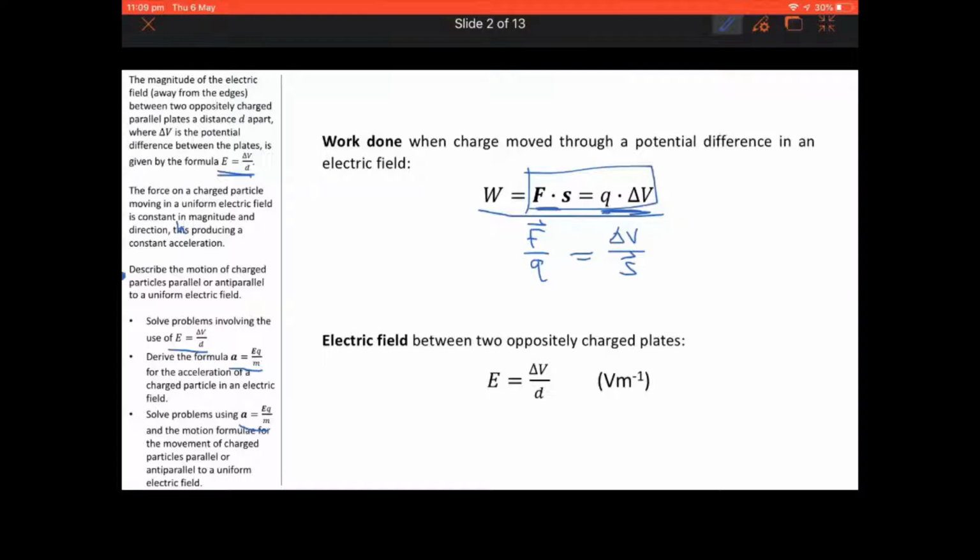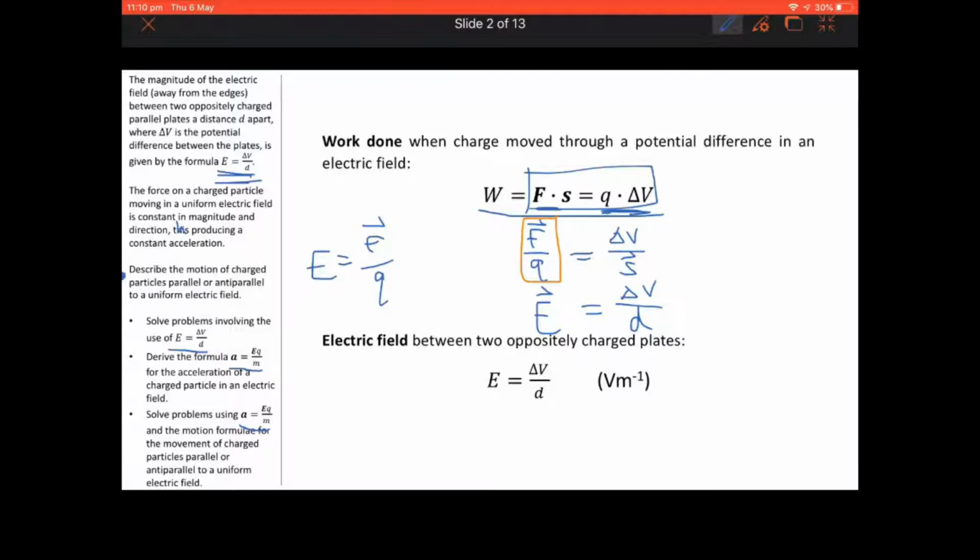We know that electric field strength is given by force per unit charge, so the term here can be rewritten just as E, and that's equal to the potential difference divided by, we'll just replace displacement s with d, and that's this equation here.